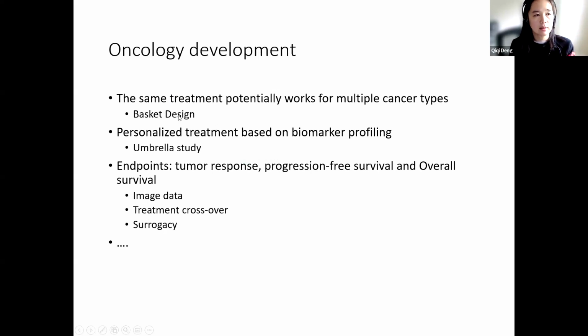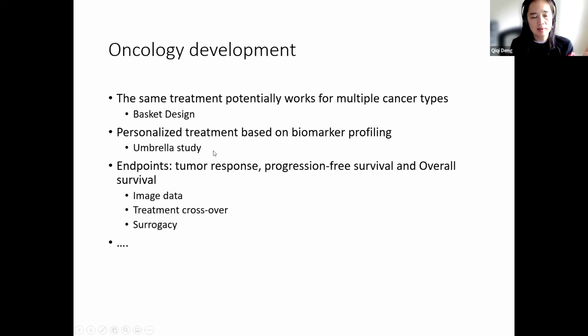And there is a design called basket design handling that. And then for oncology, it's also typical that nowadays, based on the biomarker profiling of a subject, you could pick the right treatment for them. And we call that personalized medicine.